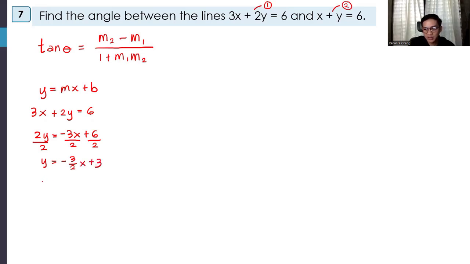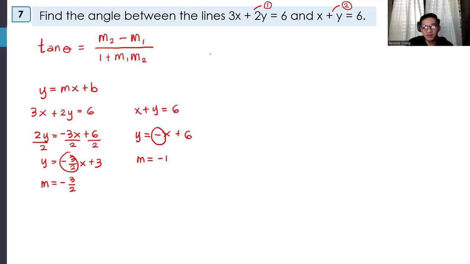And by inspection, we have our m is equivalent to negative 3 over 2. That is the one beside x. Next is for this one. X plus y is equivalent to 6. So, let's move it to the other side, it becomes y is equivalent to negative x plus 6. And by inspection, our m is negative 1. That is the one beside x.